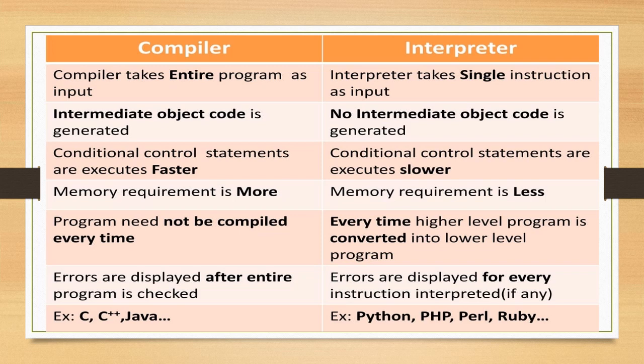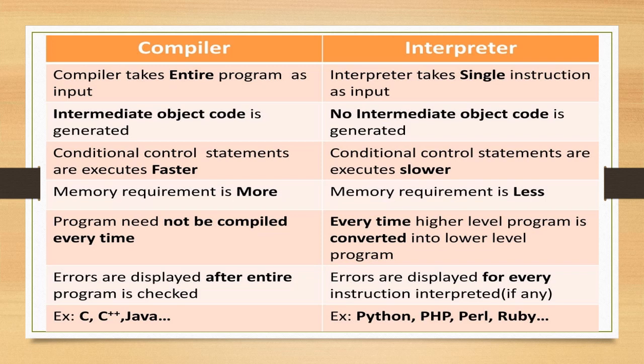Conditional control statements for compiler execute faster, and in interpreter conditional control statements execute slower. Memory requirement is more in compiler while in interpreter, memory requirement is less.